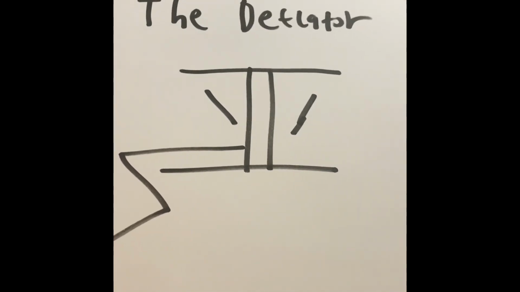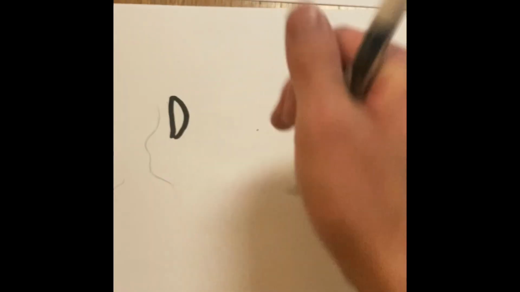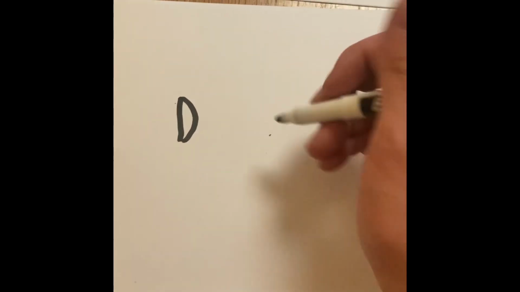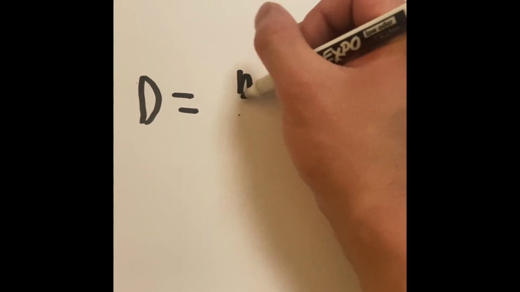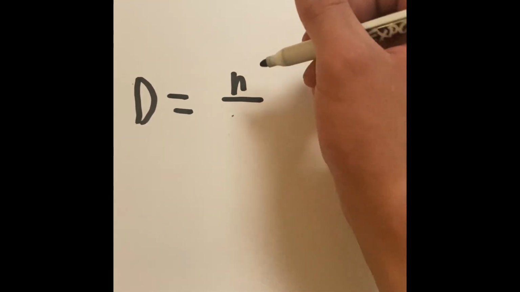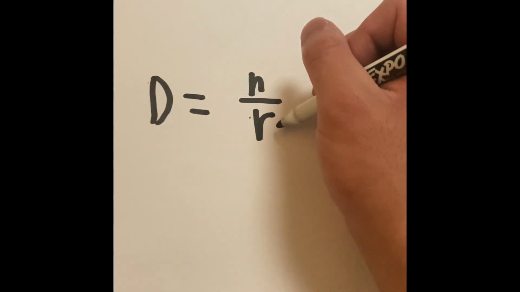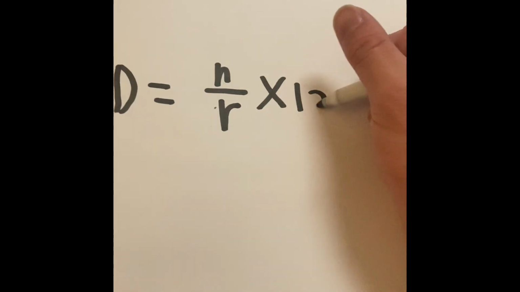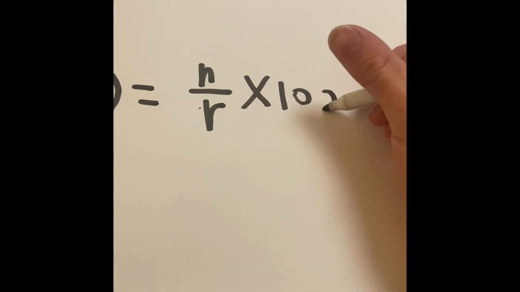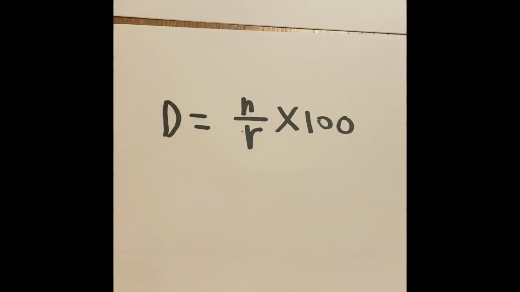So we can understand that our formula is going to be D, representing the deflator, equals the nominal GDP, represented as M, divided by the real GDP, represented as R. Then when we multiply that by 100, we'll get another number as a whole number.